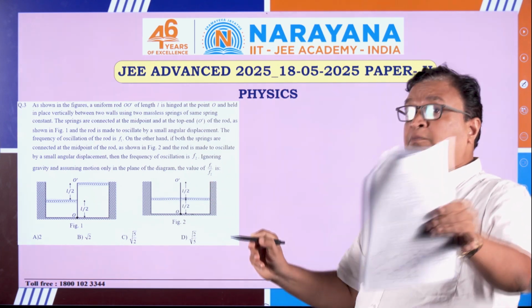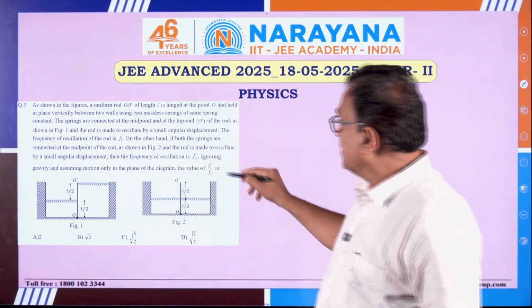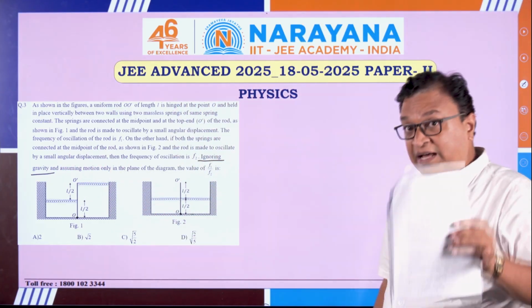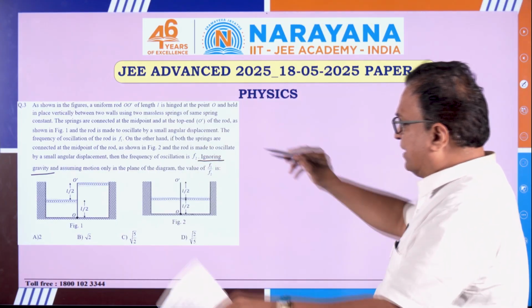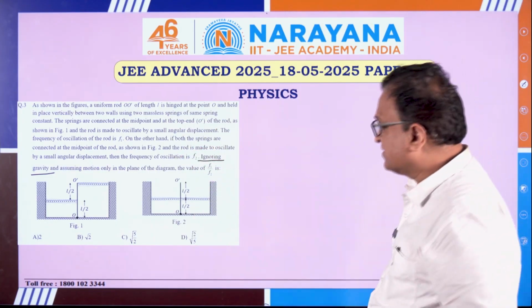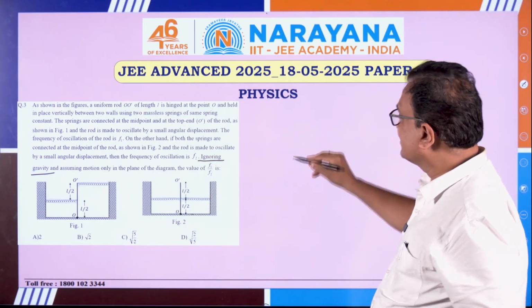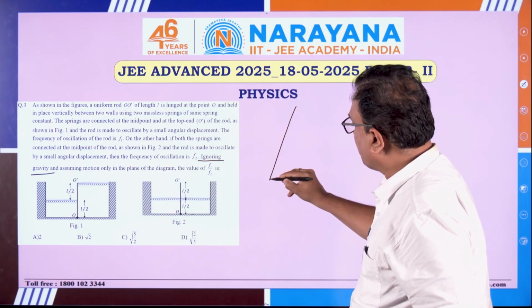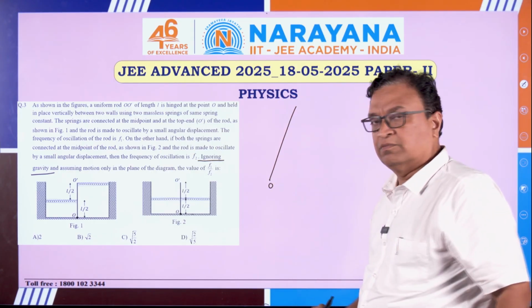And in fact, I'm thankful to the paper setter for ignoring gravity. Very thankful to the paper setter. But I'll take the first case, figure 1. In this case, I am assuming the point O as a pivot here.